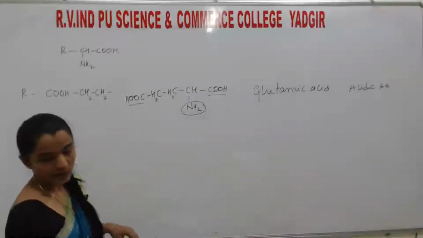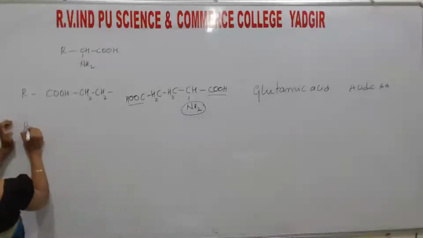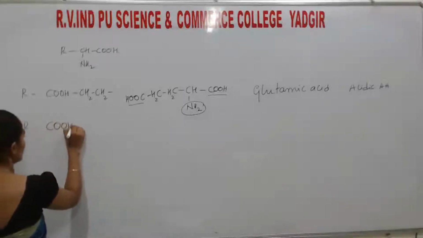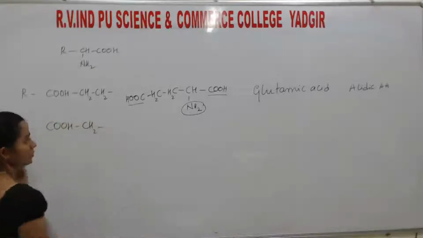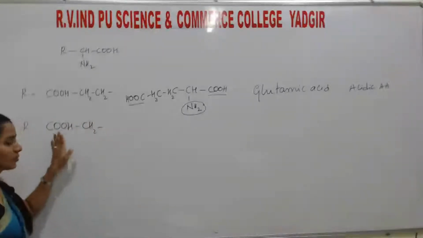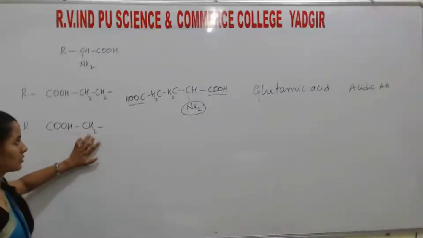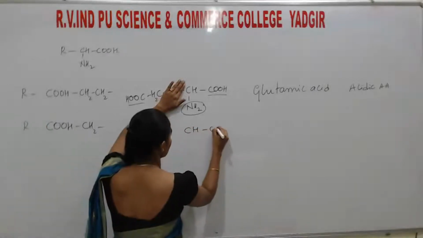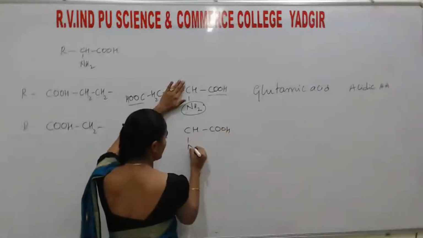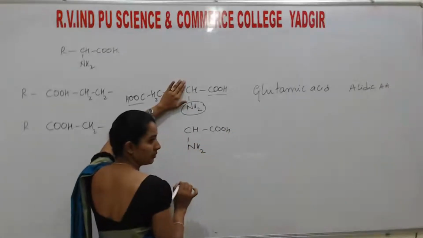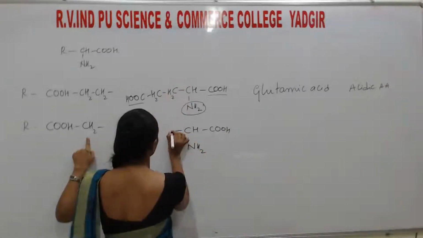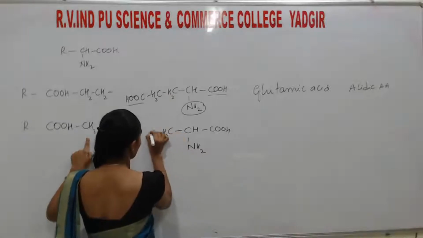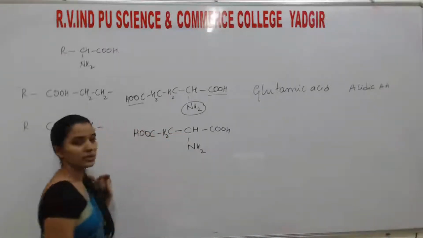Next one: the R group is COOH, single bond CH2. Here the common part is the same: COOH, NH2. And to this, the CH2 and COOH group is attached.